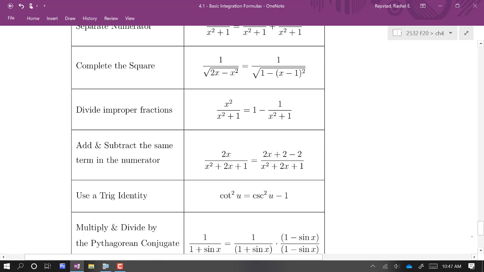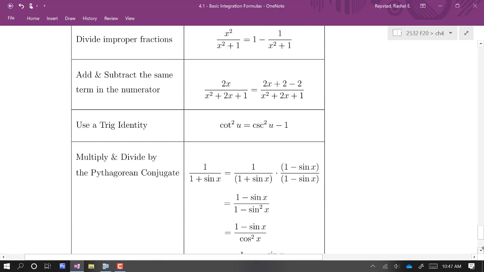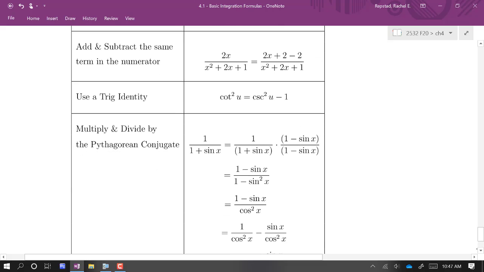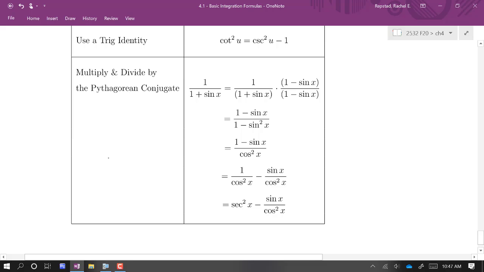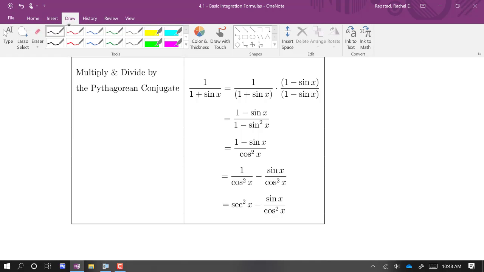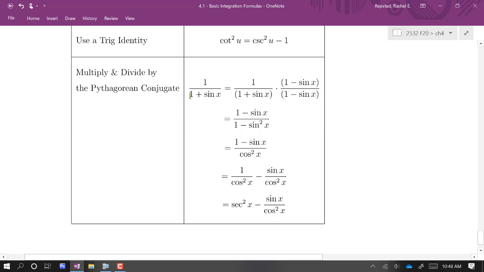Using a trig identity, we saw that in the last example. And then sometimes multiplying and dividing by the same thing can help. And if it's a trig function, we might try what we call the Pythagorean conjugate. A conjugate in general is what happens when you have an expression with two terms and you change plus to minus or minus to plus. So you could see here our denominator is 1 plus sine x, and we multiplied top and bottom by 1 minus sine x here.